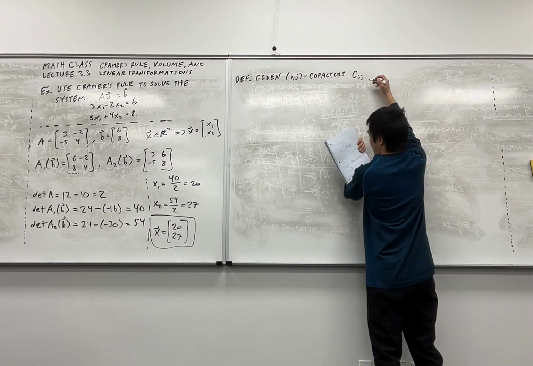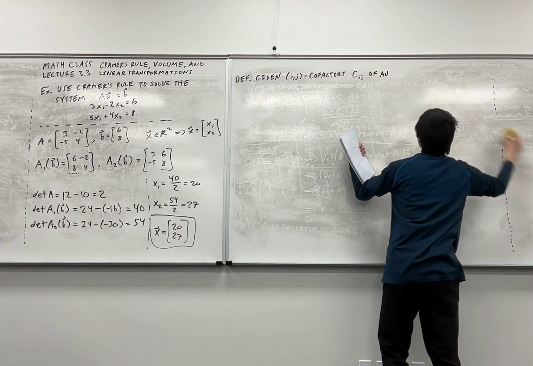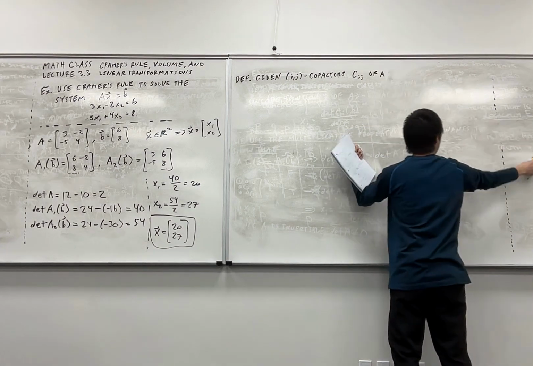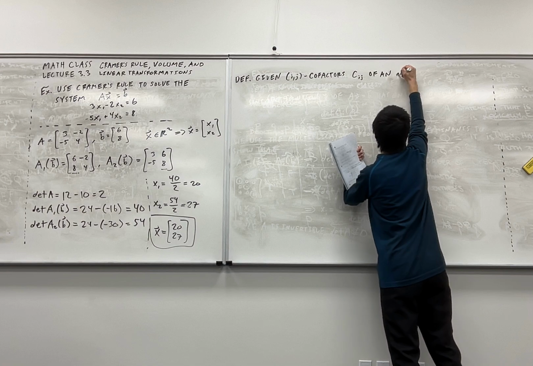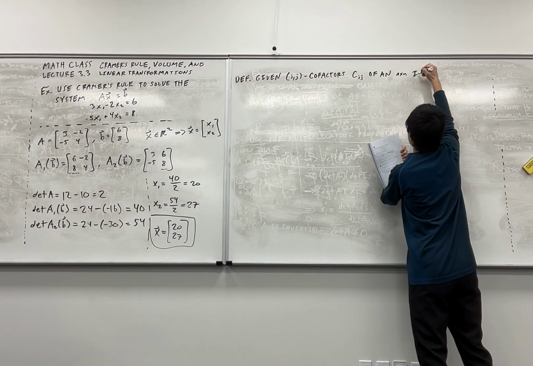Cij of an n by n matrix. It needs to be invertible, so let's state that.